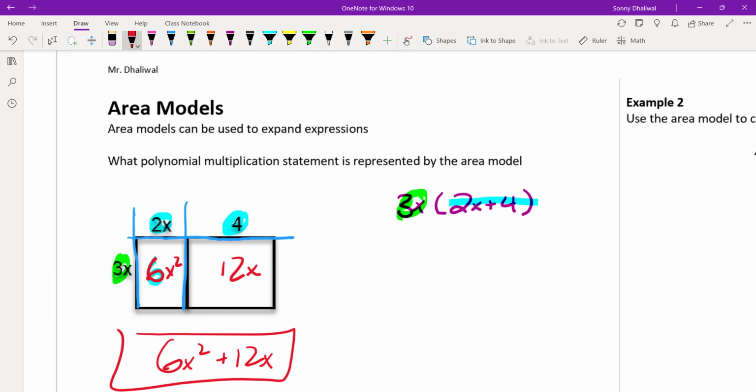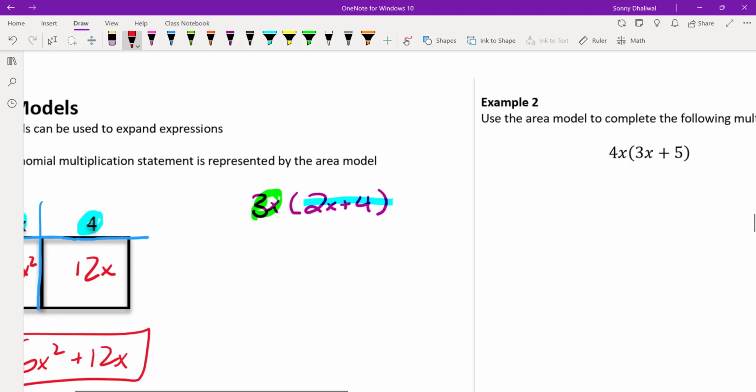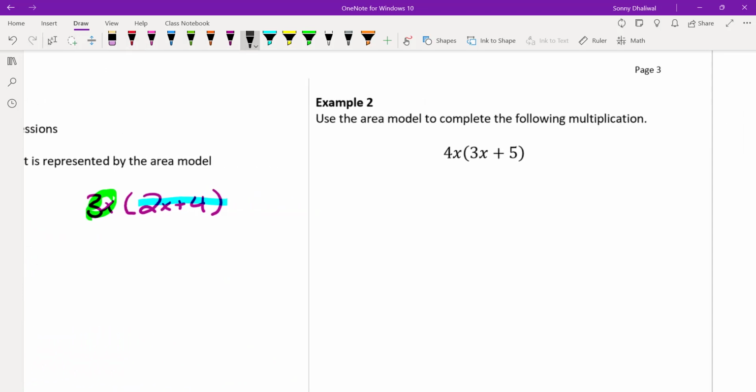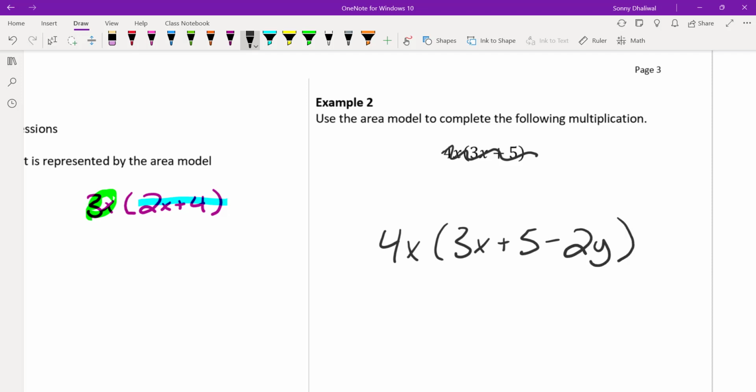This method comes in handy when the questions get a little bit harder. For example, let's not do this question. Let's do a different question. Let's go 4x times 3x plus 5 minus 2y. Just add an extra term into it.